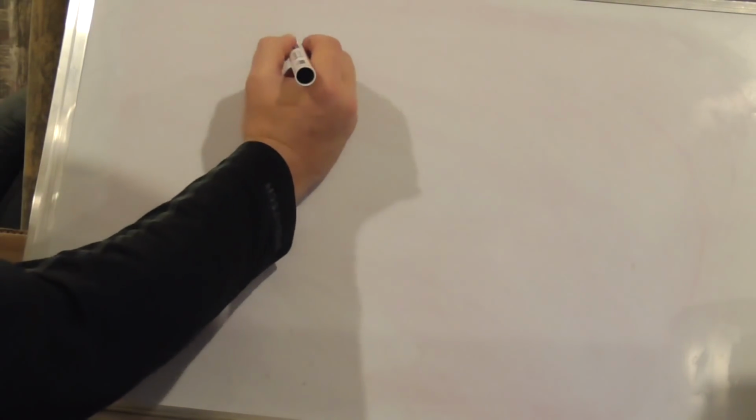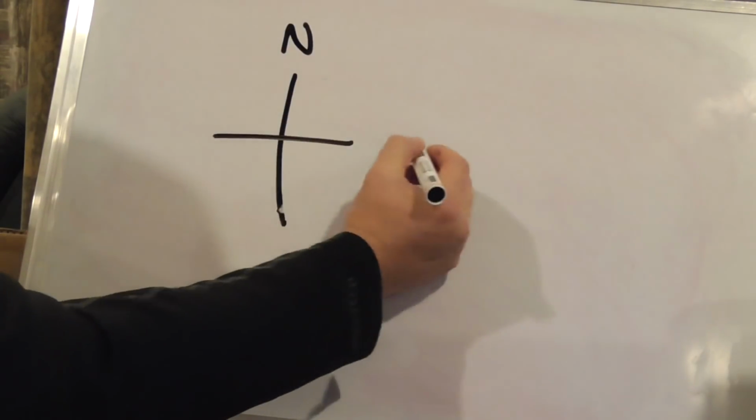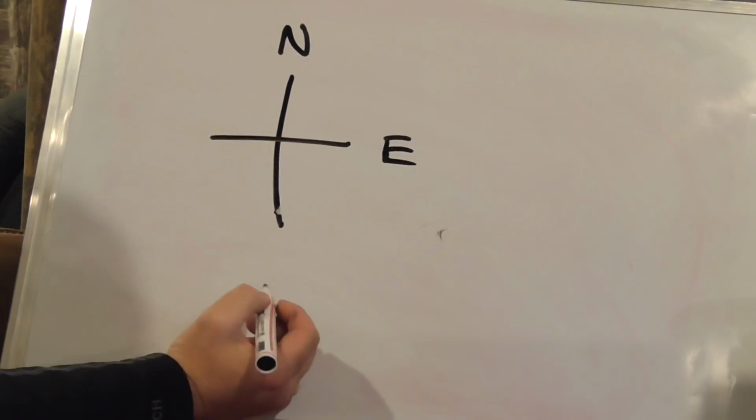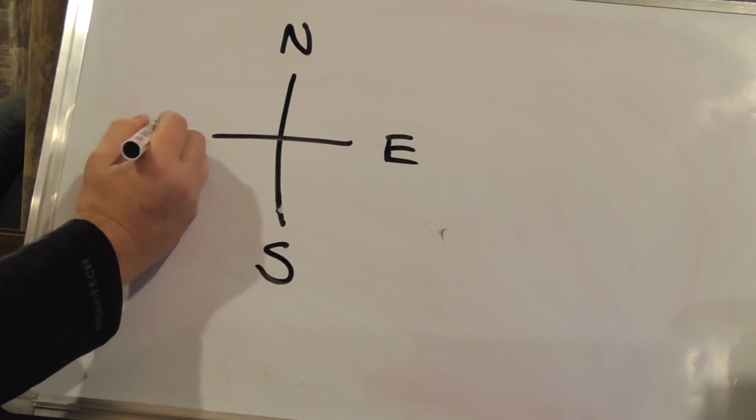Okay, now let's go to something else really quickly when we're doing our north, east, south, west with the compass rose. Now when we use the compass rose, we had our north here, our east out to the right hand side, our south out here, and our west out here.